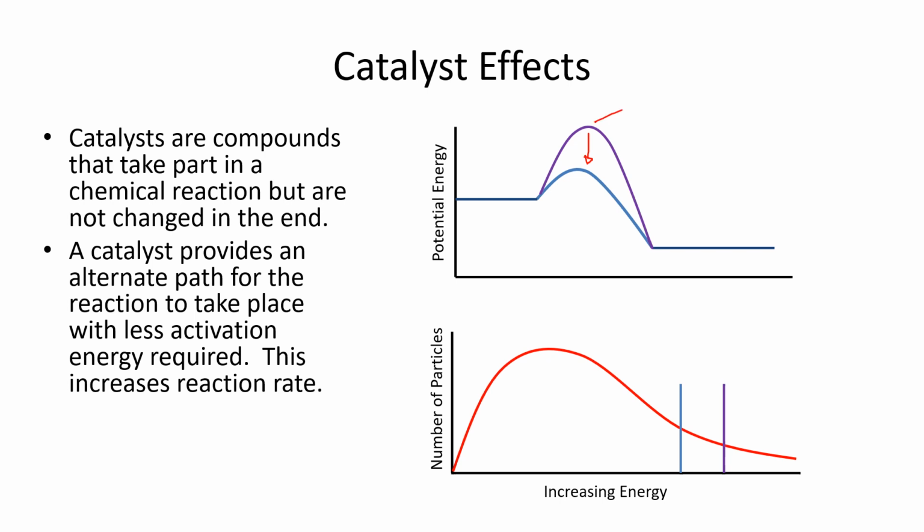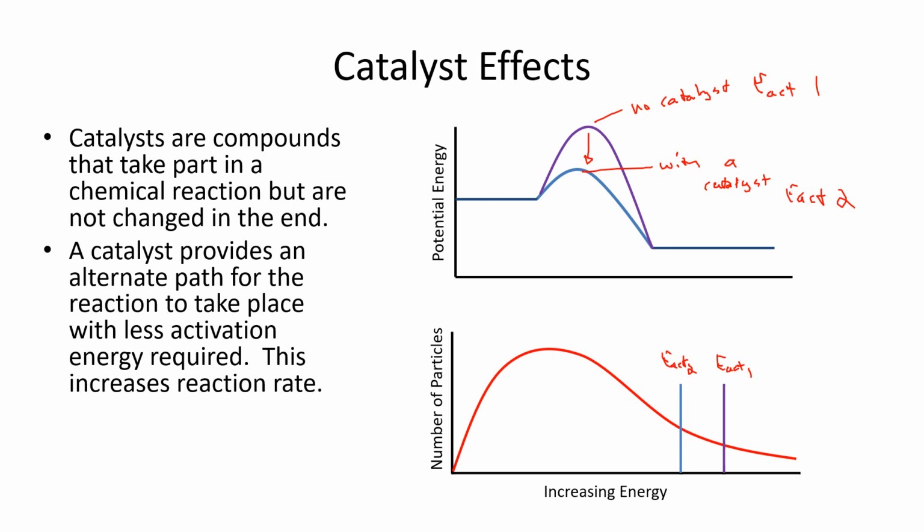So you'd say that this would be no catalyst, and this would be with a catalyst. So what we did there is we reduced the amount of activation energy. This would be EACT1, and this would be EACT2. So EACT2 requires less energy for a reaction than EACT1.